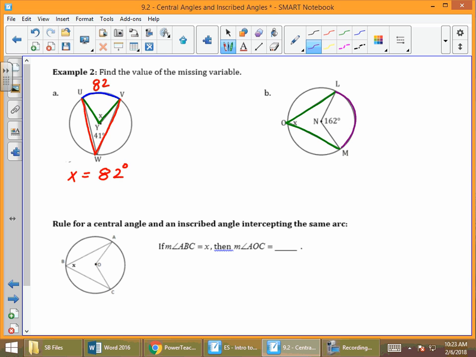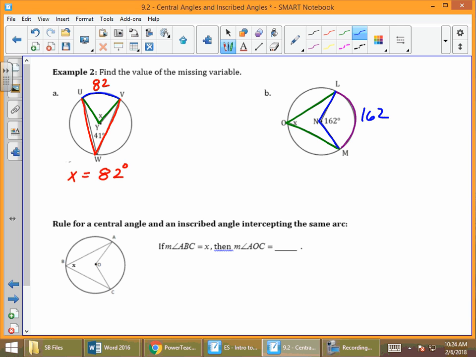Well, I notice the central angle is intercepting that same arc. So now what do we know about that arc measure? That central angle is 162. What's that arc going to be? 162. They're the same. So if I know this is 162, what can I do with this arc measure now to find that green angle?